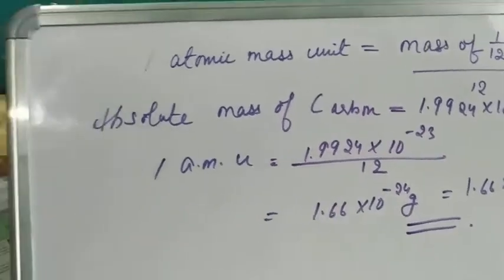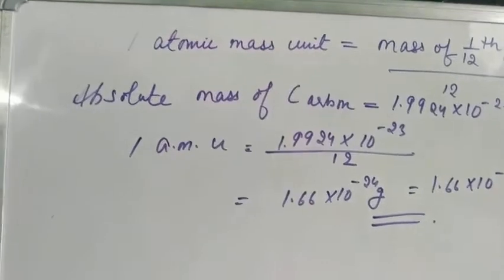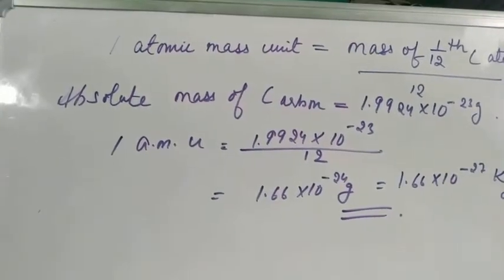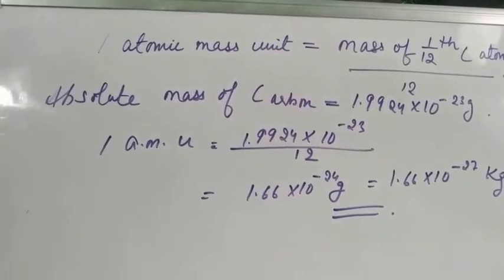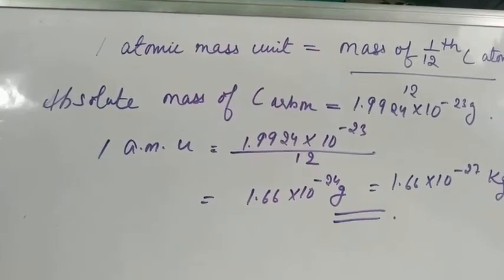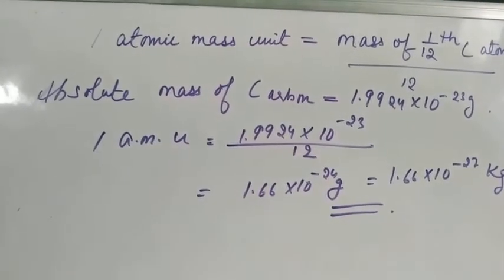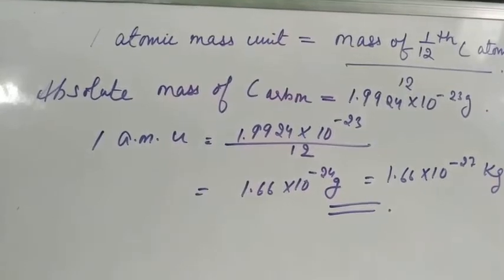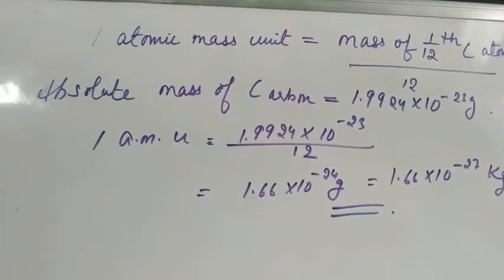So this is the mass of one atomic mass unit. Atomic masses are very small, and to express them a unit called atomic mass unit is commonly used. It is defined as the mass equal to 1/12th of the mass of a carbon atom.